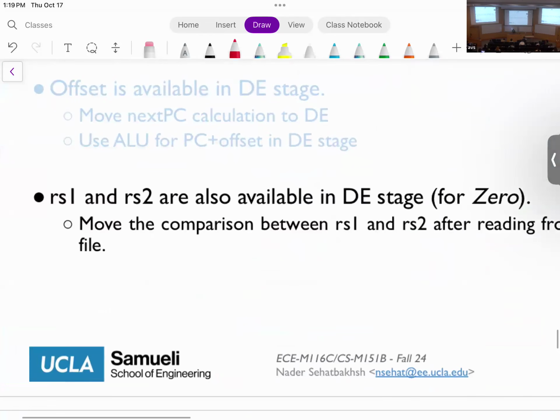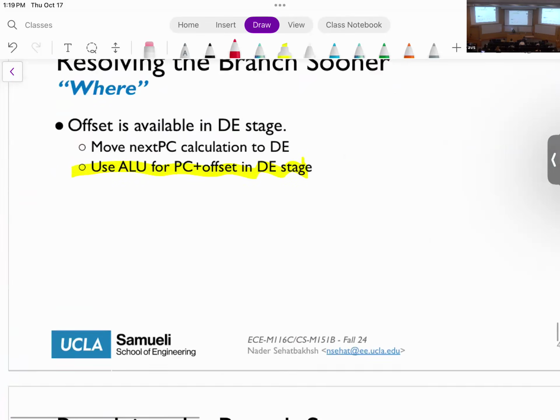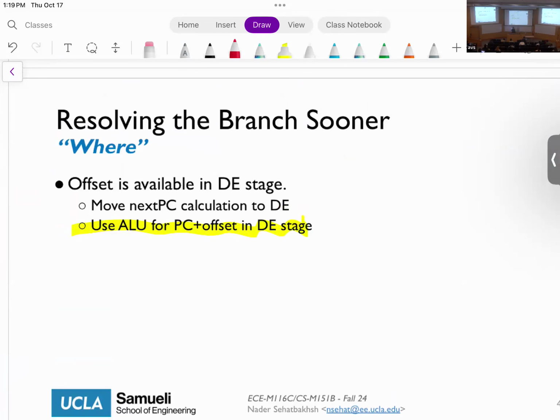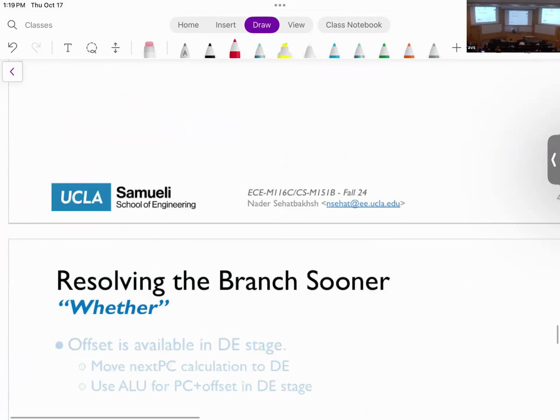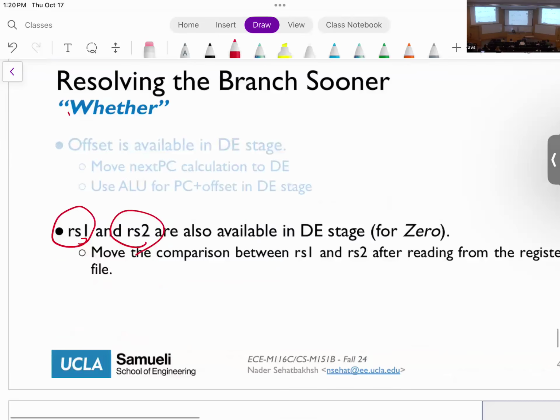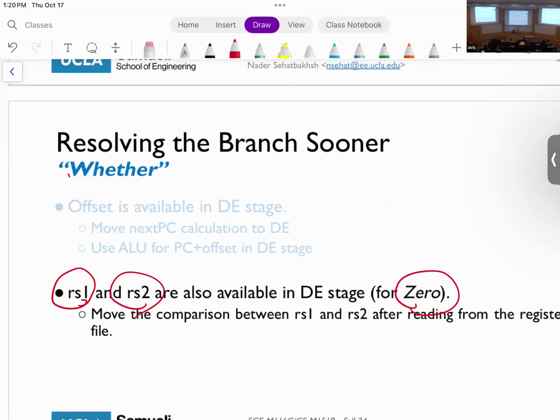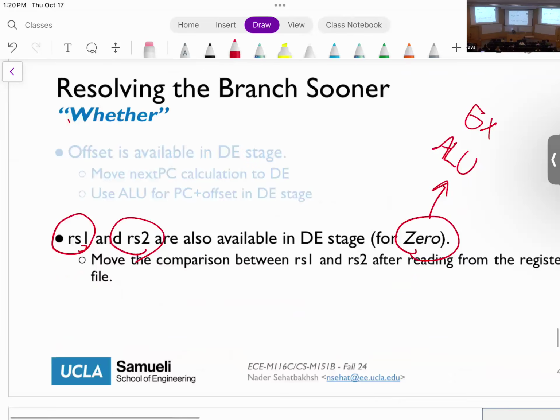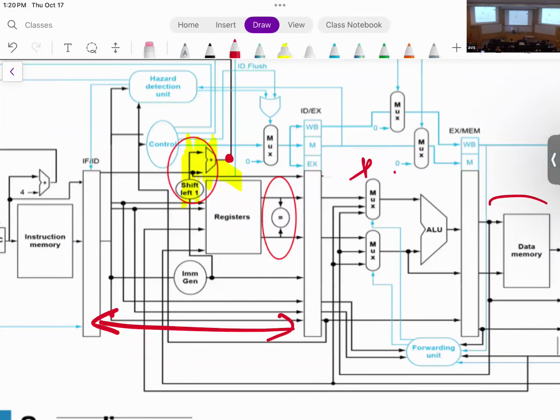The second thing I need to do is, again, I need to know whether or not this branch is taken, right? So for that, I need to answer this whether question. That is, I need to know whether RS1 and RS2 are equal to each other, or whatever condition we are making. Remember that for that, we had this zero signal, which was produced by the ALU during the execution stage. So here's the trick that I'm going to do. I'm going to add this additional comparator here. I'm showing it by this equal sign, but consider this as any condition that you can have.